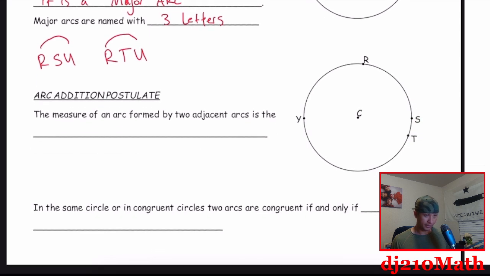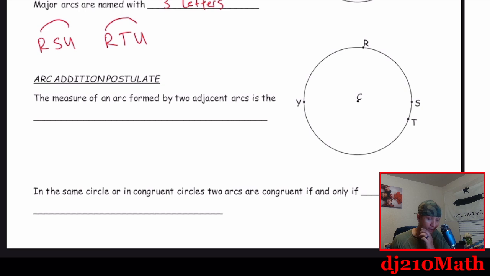Okay, and an arc addition postulate. Okay, so if you think back to when we are dealing with segments, right? And you add two segments together, you get the whole segment. Well, this is the same idea, right? If you take two arcs and you add them together, then you get the measure of both arcs put together.